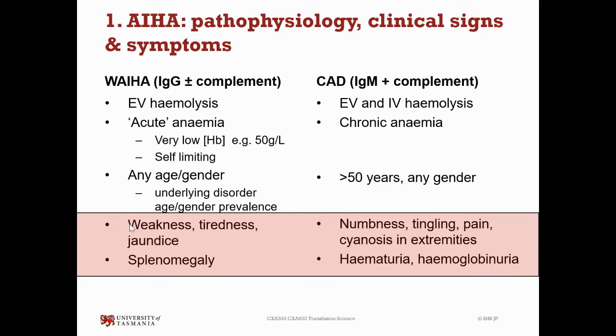So you don't tend to get the same weakness and tiredness that you get with an acute anemia. But you tend to get numbness, tingling, pain, and cyanosis in the extremities.